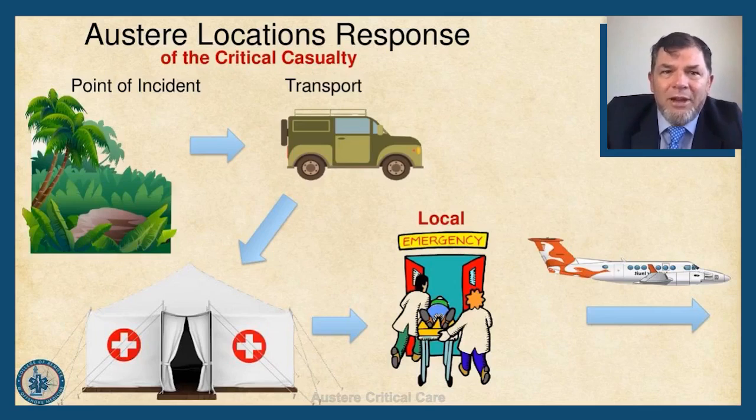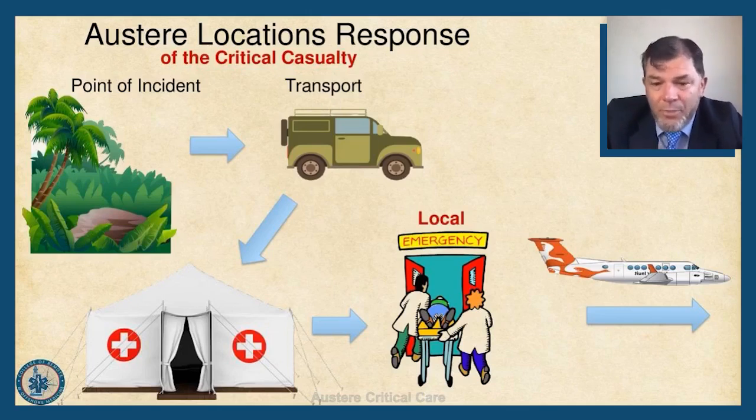So that is where you bring back this casualty to stabilize, into a tent. And that is your ICU until you can get this guy into a local emergency department, if you have one available. And then from there, they can arrange an evac by plane back to home of record.